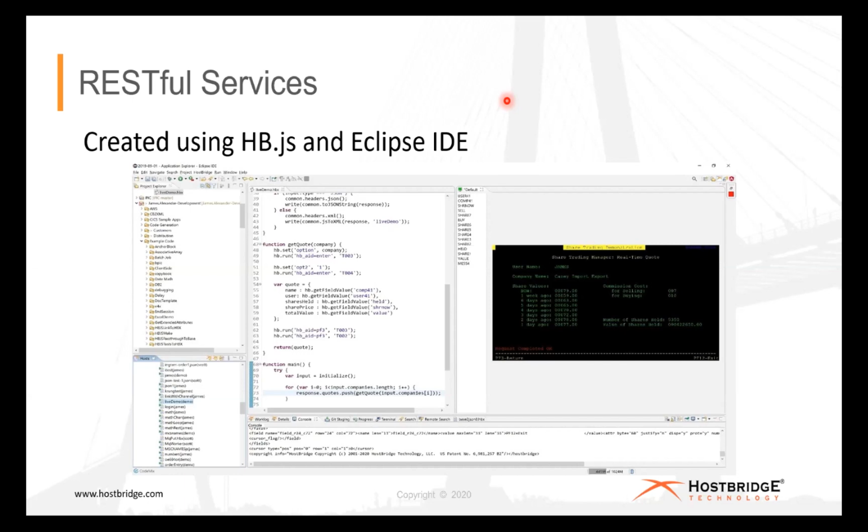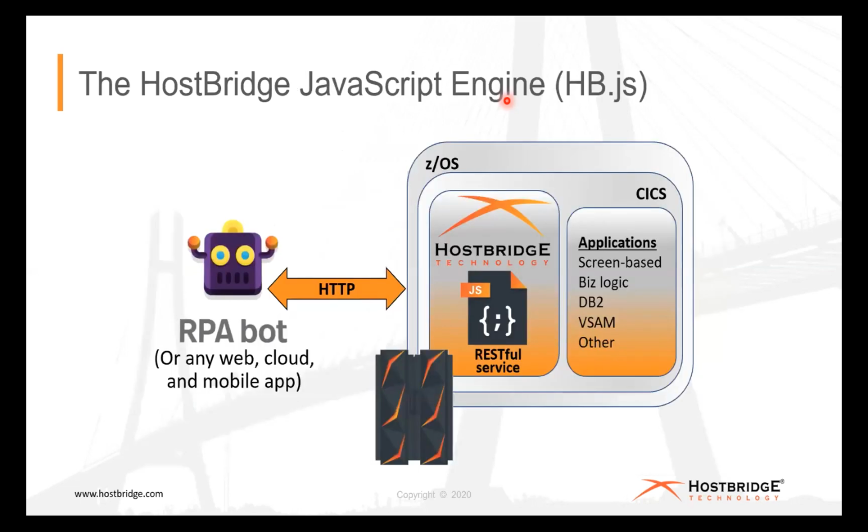It's also extremely efficient because HostBridge runs on a specialty engine on the mainframe called a zIIP. And what that means in practical terms is you won't pay any IBM software charges associated with any of the integration work that we do running on the zIIP.